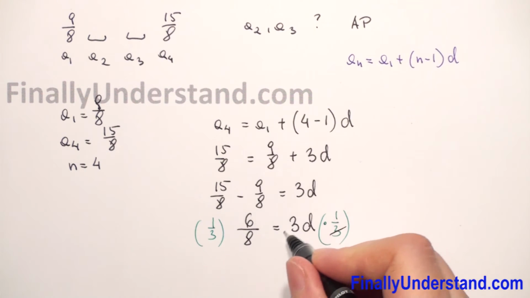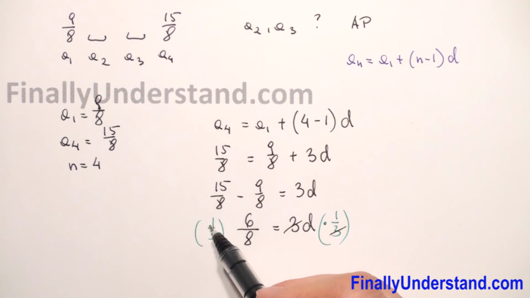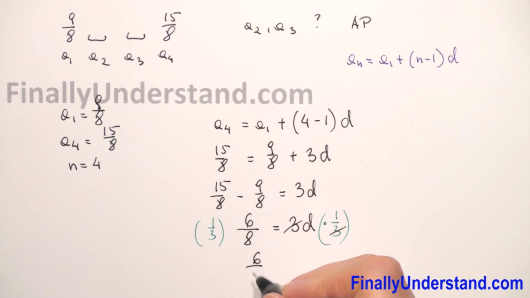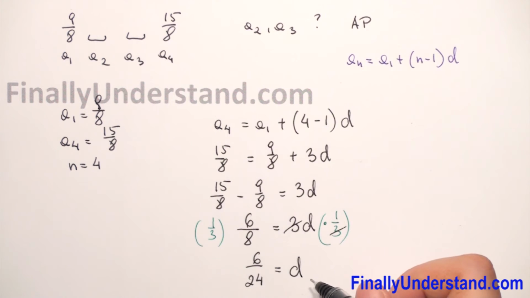So 3 and 3 will reduce, and what we have here is multiplication of fractions: 1 times 6 is 6, 3 times 8 is 24. This is equal to d times 1, which is d, the common difference of our arithmetic progression. We can reduce 6 and 24 by 6, so d is equal to 1 over 4.